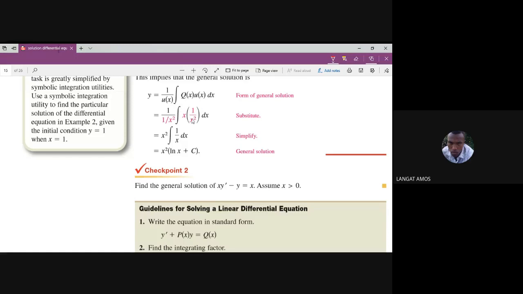And you will get the general solution from there. Hope everyone has understood that one.